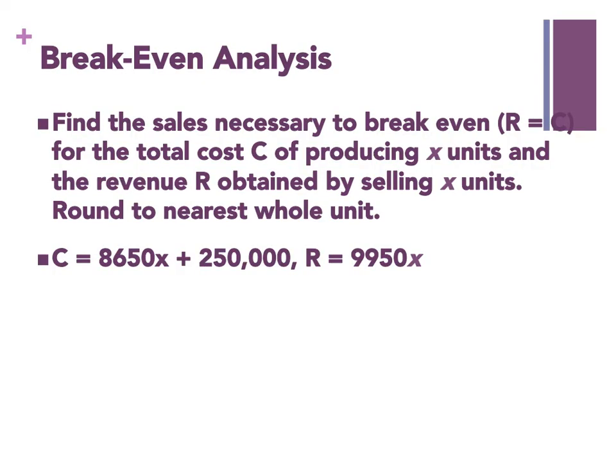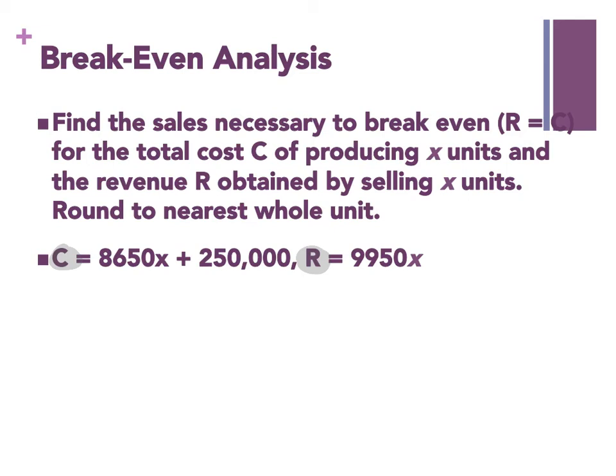All right, then we get break even. Break even is used a lot by companies or entrepreneurs who want to figure out how much they have to sell of something in order to break even. There are two different kinds of functions. One is called the cost function and one is called the revenue function. The cost is exactly how it sounds, how much it costs for you to run that thing, to sell the shirts, to sell cars, to sell whatever it is.